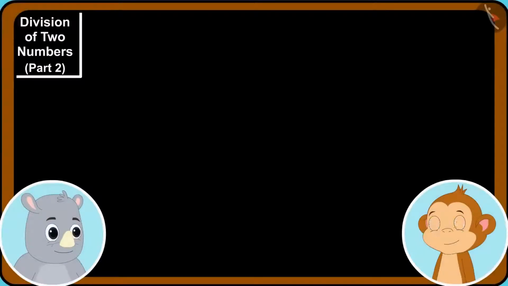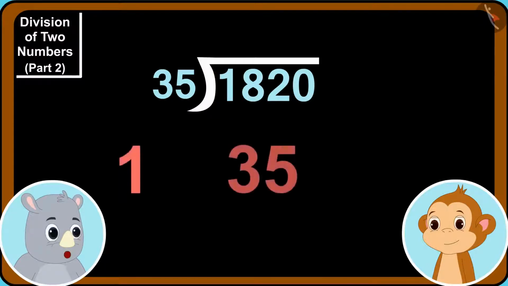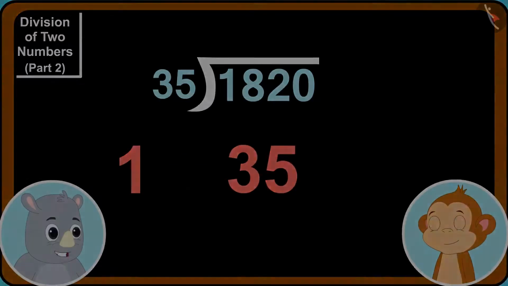Gaggu wrote these numbers on a paper like this. Look, Babban, here we are dividing 1,820 by 35. First, we start with the number written in 1,000 place. Can we divide 1 by 35? Gaggu asked Babban.